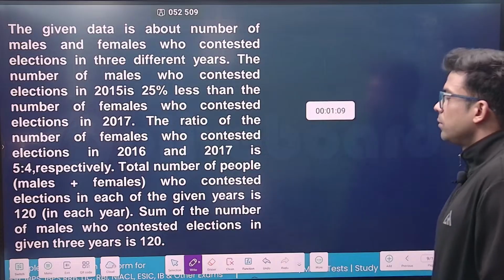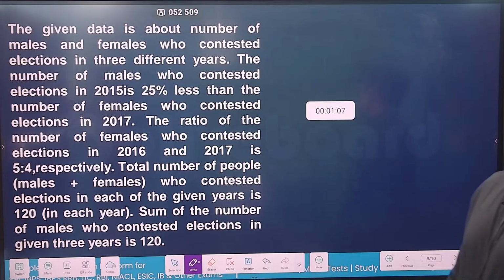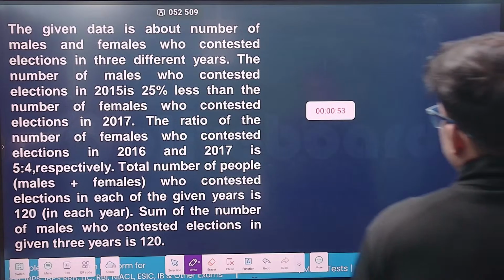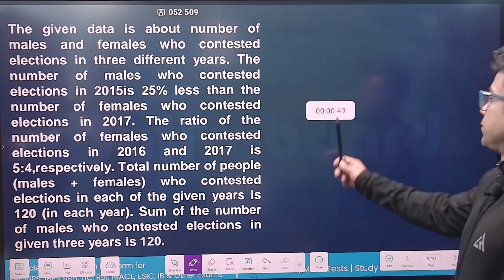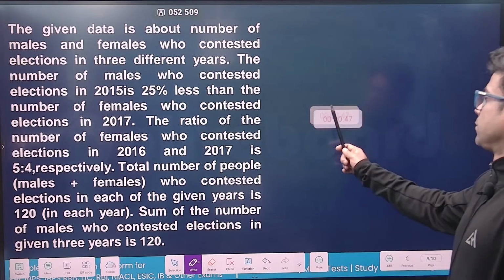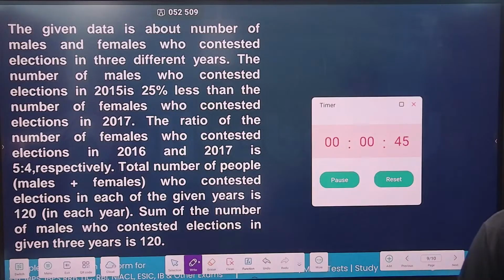Now I hope you guys have read it, then I will be solving it. Because this is the third class, I have given you proper time to solve the question, and now I think you guys have become experts. You have 50 seconds more.